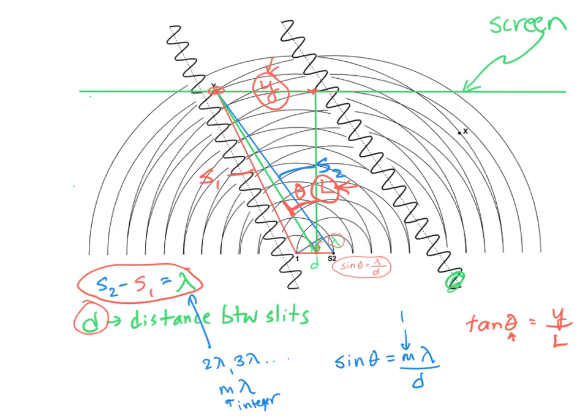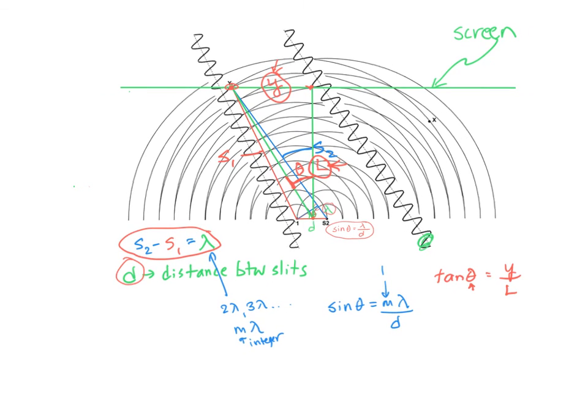For small angles, tan theta and sine theta are basically equal. If you look on a trig table, they're approximately equal.